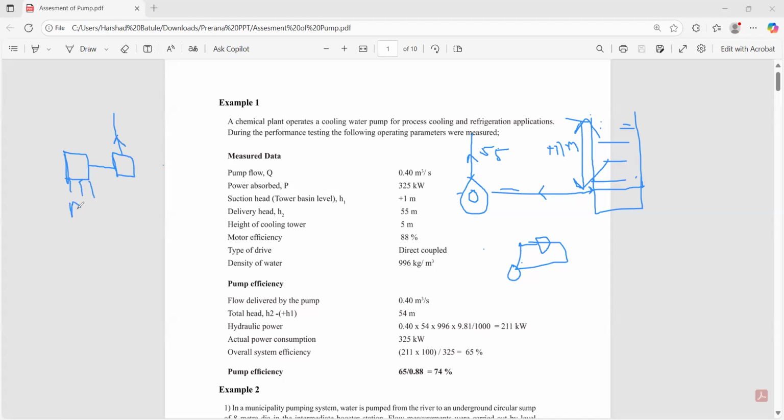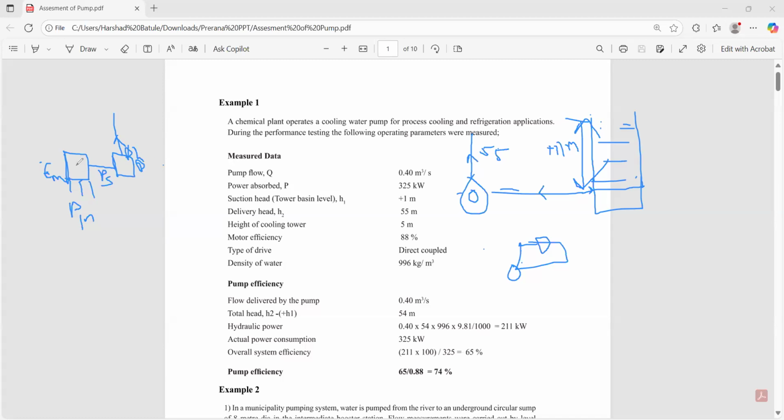So this is your P in, input power. Then this is your electrical motor, and this is your pump. So this is your shaft. Here is your PS. This is your PH.